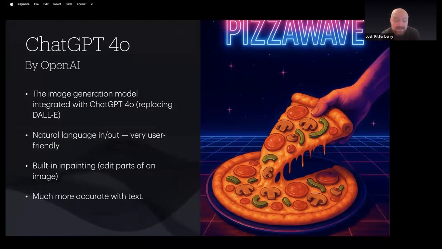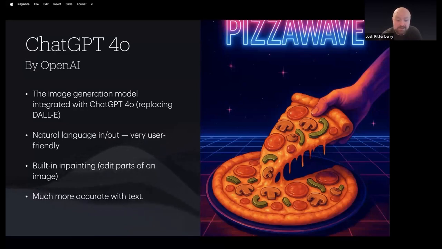But starting off, we have the new kid on the block, the ChatGPT 4.0 image generation model. It's replaced Dolly as the default within ChatGPT, but whenever it's under heavy load they'll switch back to Dolly. So if you're using ChatGPT and you're wondering, hey, why are my images looking a whole lot worse than usual? It's probably because of that. But because it's just built into ChatGPT, it's a lot more intuitive to use and it's just right there.